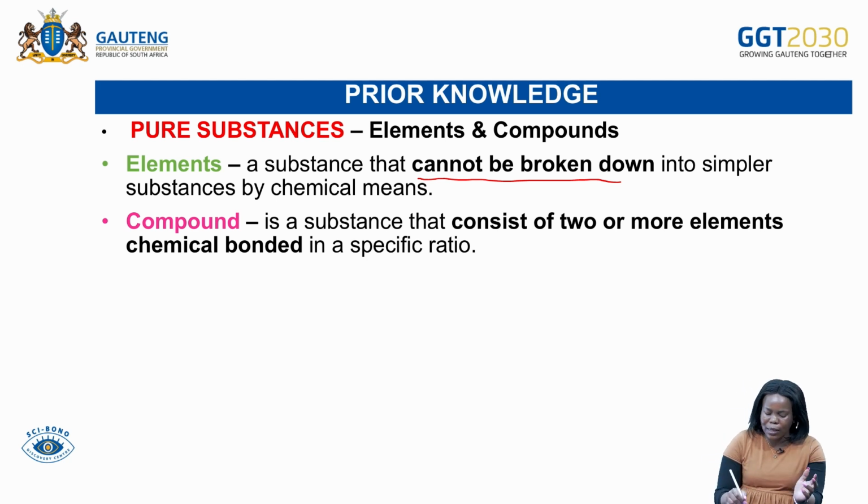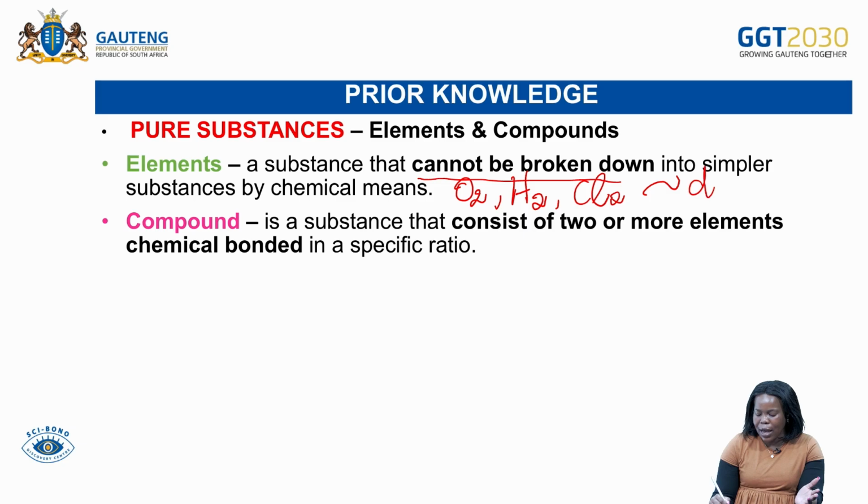An example of an element would be oxygen, and because this is a diatomic molecule, it exists in twos. Then there is hydrogen and chlorine. All of these are elements, because they exist as what? As diatomic molecules, okay?